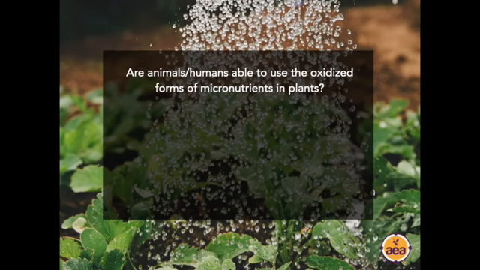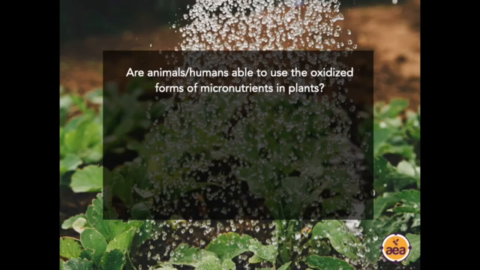Question from Andrew Johnson: are animals and humans able to use the oxidized forms of micronutrients in plants? That's a good question, and I don't know the answer. It probably varies between ruminants and monogastric animals and birds. A ruminant animal has a fermentation vat called the rumen, which is anaerobic and reduced by design.